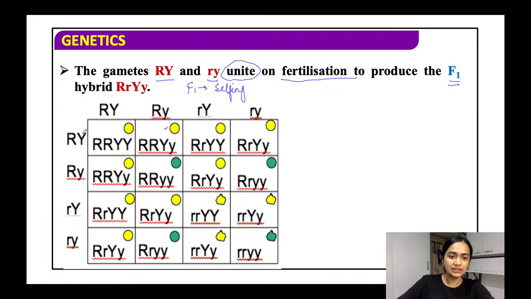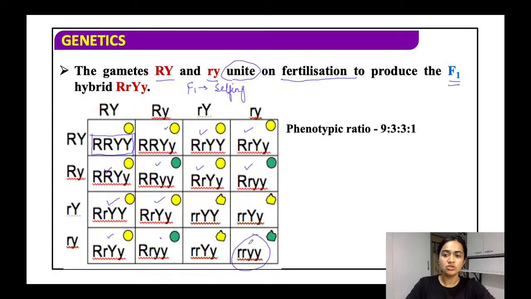But see, only this one is pure, or completely dominant, genotypically having both capital R and capital Y. Though all the others are heterozygous, the dominant trait is expressed phenotypically, but genotypically it is not completely dominant; it is a heterozygous condition. Similarly in these, and this is again a completely recessive one, that is small r and small y.